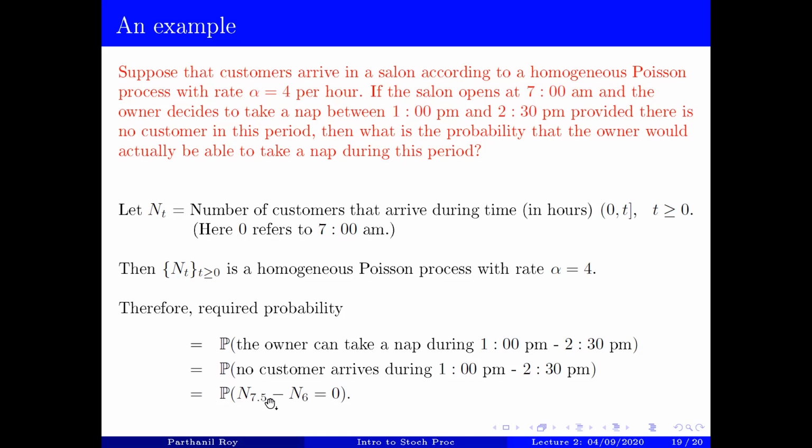When I write (6, 7.5], it's a semi-open interval. It's open on the side of 6 and closed on the side of 7.5. So this is the same as asking the probability that N(7.5) minus N(6) is equal to 0. In our notation, this is what we have to calculate.